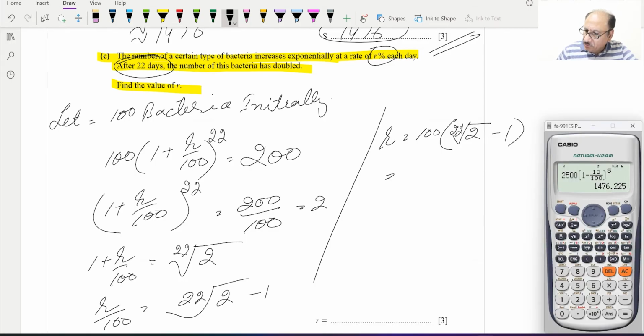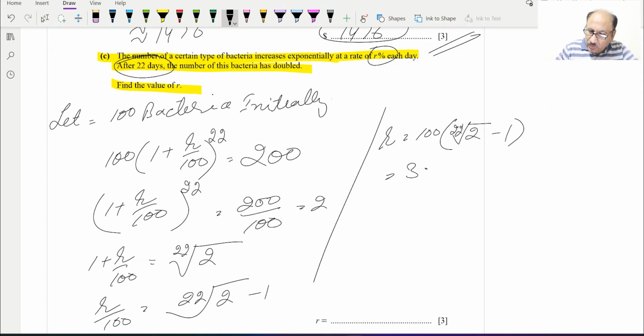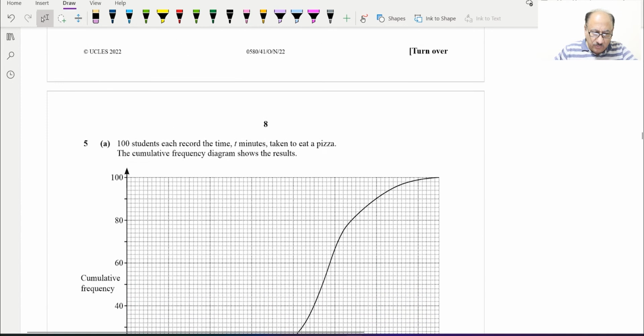On the calculator, 100 into bracket, 22nd root with shift sign, 22 here, then 2 here, minus 1, bracket close, is equal to 3.2. So the rate will be 3.2. This is a 3 mark question which is done. Hopefully you understood this.